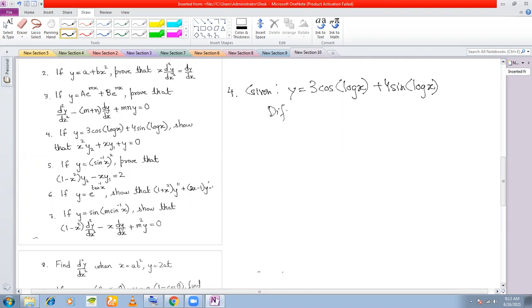Differentiating both sides with respect to x, we get dy dx is equal to, first, if you differentiate, 3 is a constant, you keep it out, right? You differentiate cos to get a minus sign. So this will become minus sine log x into the ddx of log x, right?